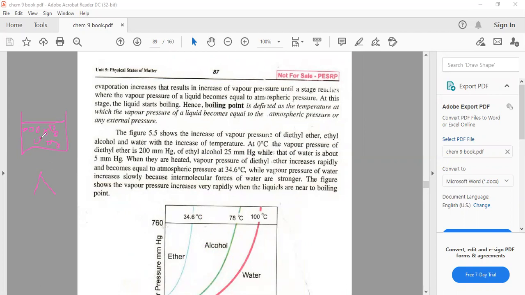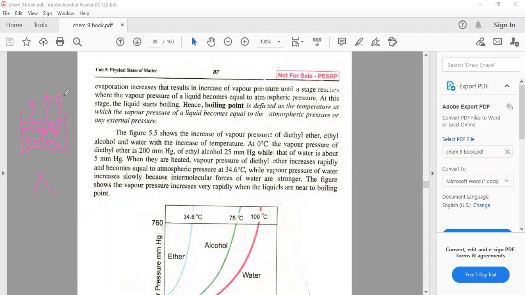Due to that, the intermolecular force between these molecules will be weakened, and the molecules separate out. The molecules break the intermolecular force and try to escape. So they will start vaporization. They will convert into vapors.